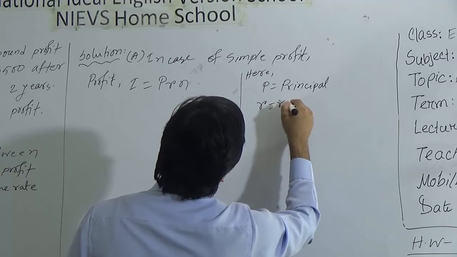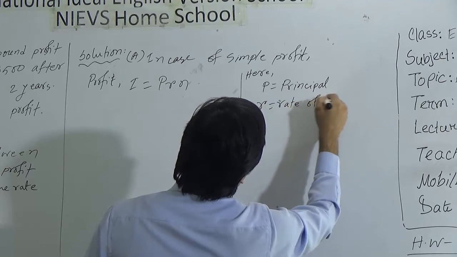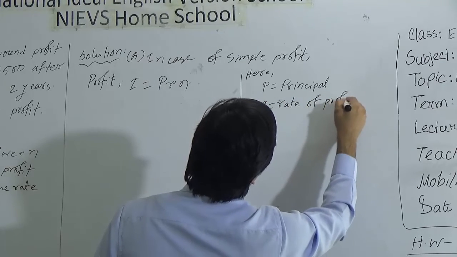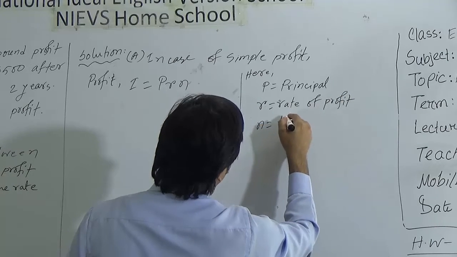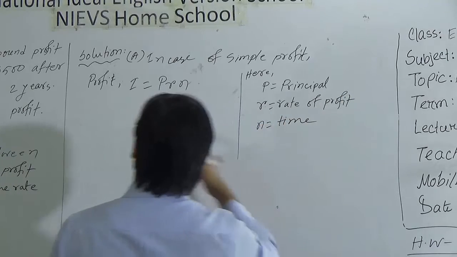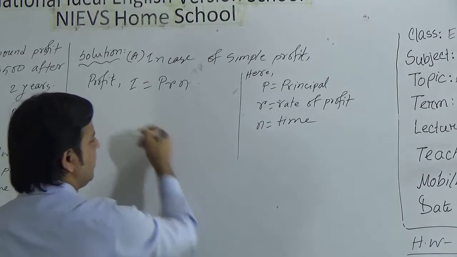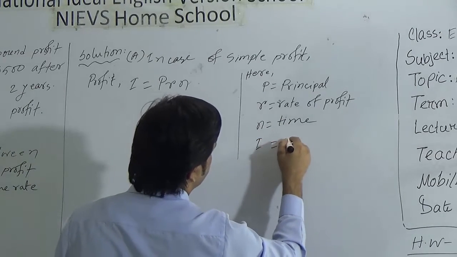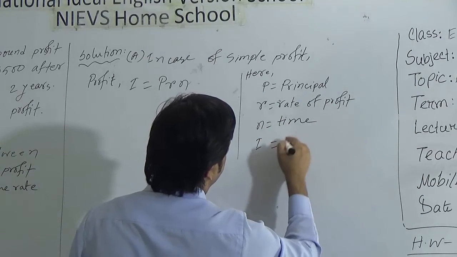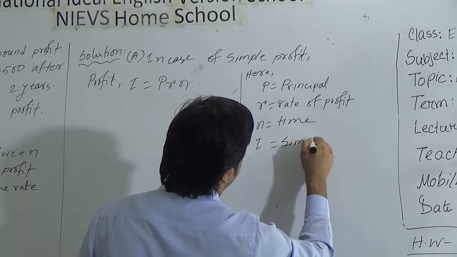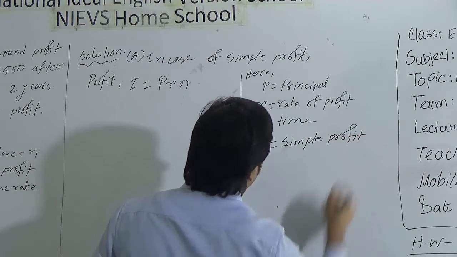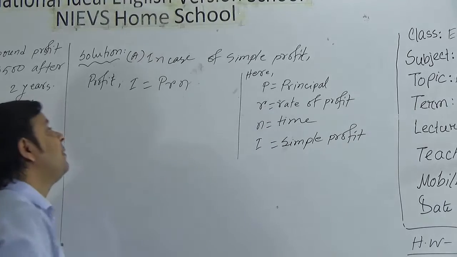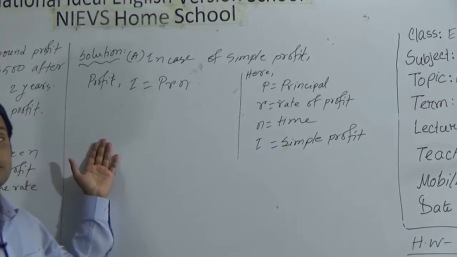R means rate of profit, and N means time, and I have written here profit, I have denoted by I. If you want to, you can write I means simple profit here. Okay, dear students, so I have written here the formula for simple profit.